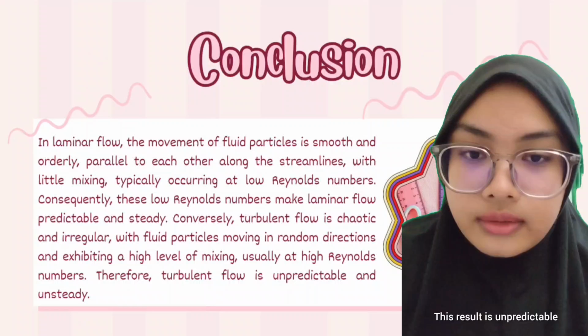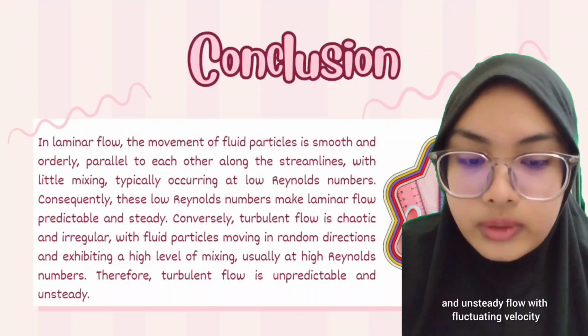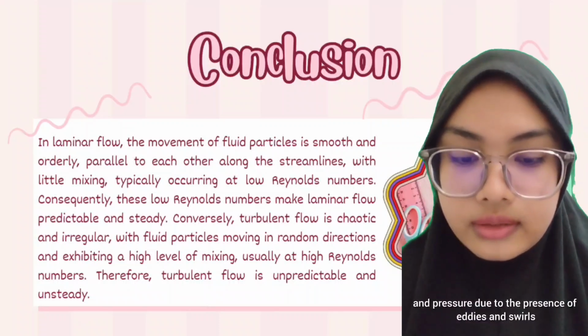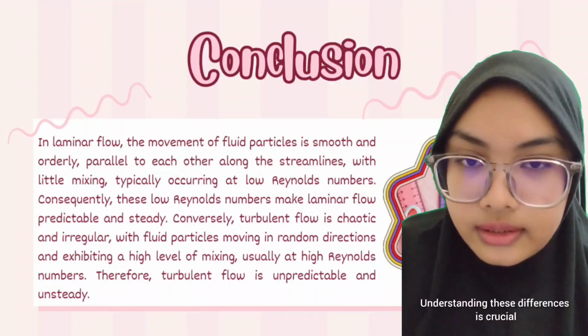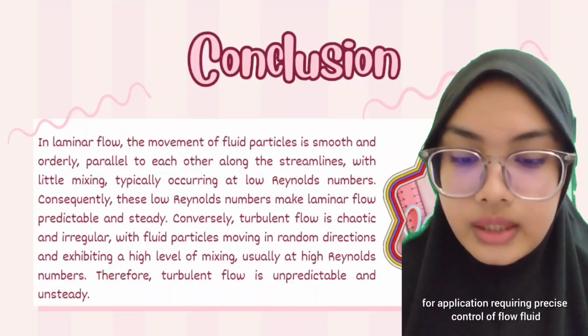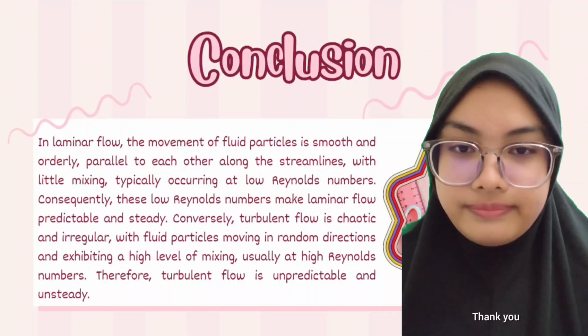This results in unpredictable and unsteady flow with fluctuating velocity and pressure due to the presence of eddies and swirls. Understanding these differences is crucial for applications requiring precise control of fluid flow. Thank you.